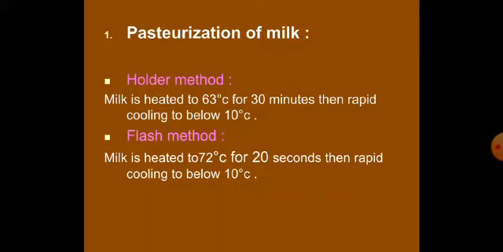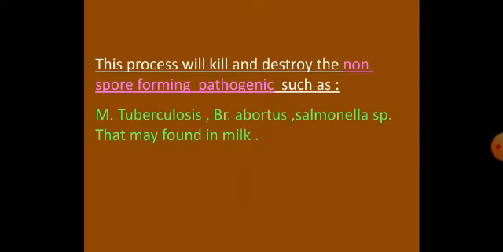Okay, now, is 63 degrees or 72 degrees efficient for sterilization? Sterilization means killing of the bacteria and its spores. No, it kills only the vegetative form of the bacteria.